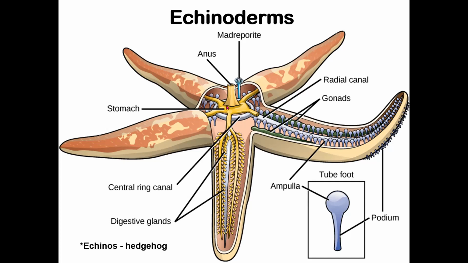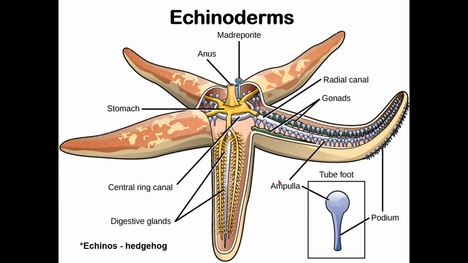Whatever they've eaten is broken down to some degree there. It continues down and then it comes back through there and it's released. The leftovers. The green things here are their gonads, their testes or their ovaries.